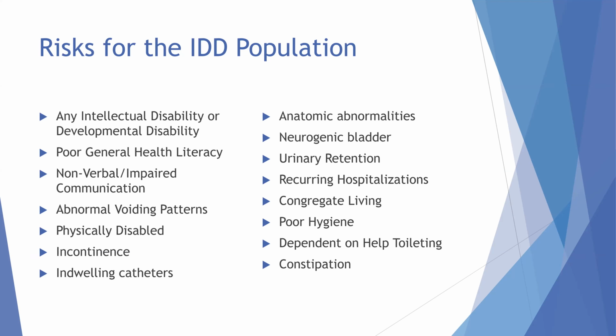Individuals that have any type of incontinence or urinary retention, frequent hospitalizations, or even just living in congregate settings are at higher risk of UTI. People with developmental and intellectual disabilities often have trouble understanding that thirst is a sign that their body is bordering on dehydration, and so they can easily become dehydrated, which can put them at higher risk.